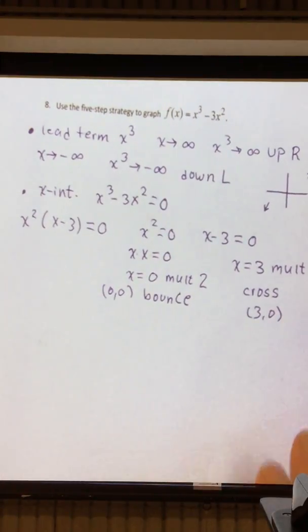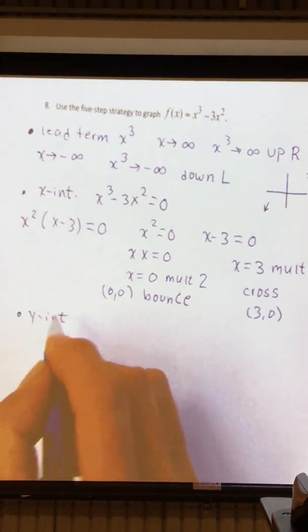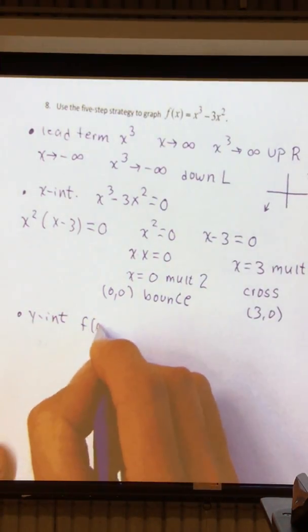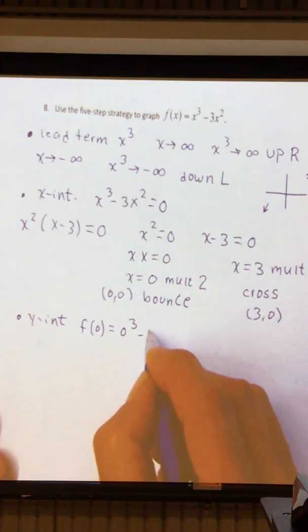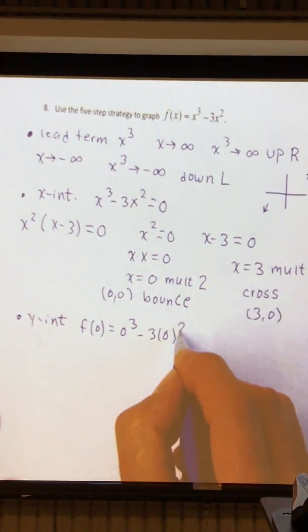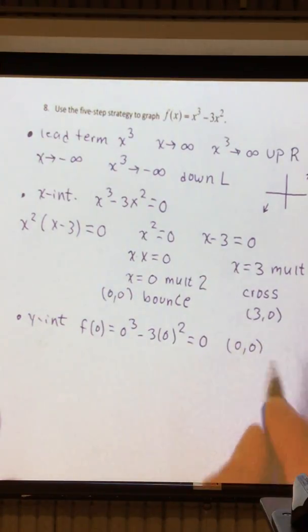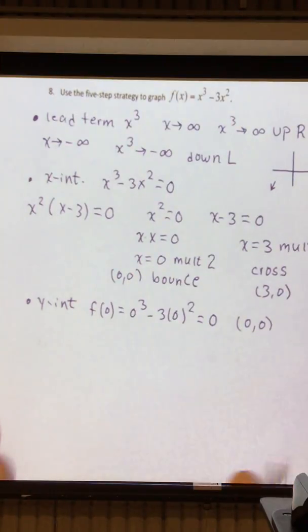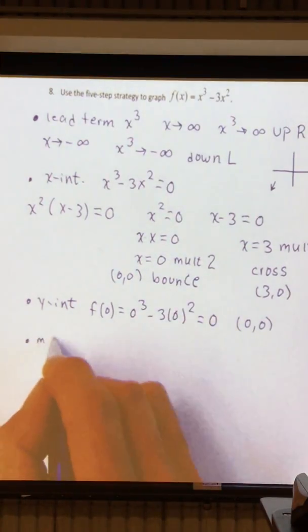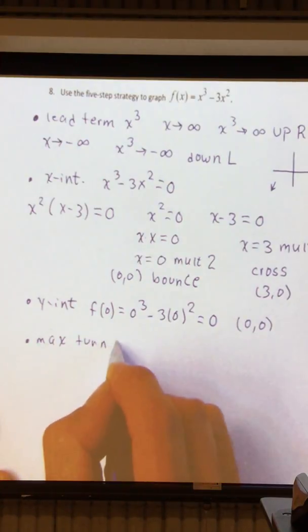We can also find the y-intercept. Very easy to do. Simply compute f of 0, putting 0 in place of x in the function, and you get 0. So we already have this as an x-intercept. So no new information obtained there. We can look at the max number of turns. That sometimes is a help.